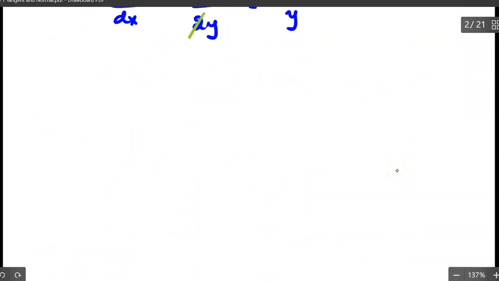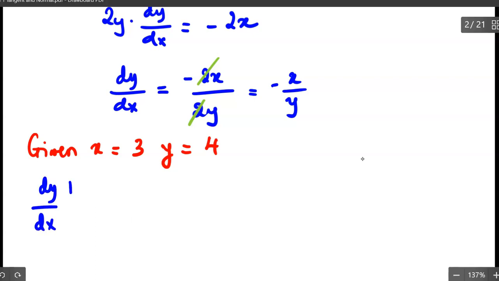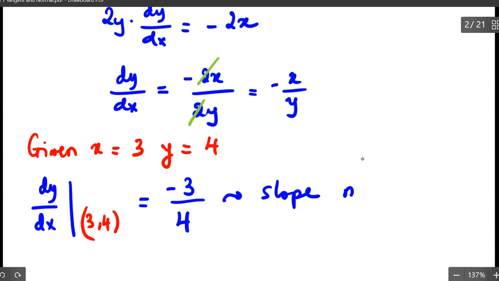So at this point, given x equal to 3 and y equal to 4, I can evaluate dy over dx at the point (3, 4). So this notation here will be equal to negative 3 over 4. So this is the slope m that I'm talking about.